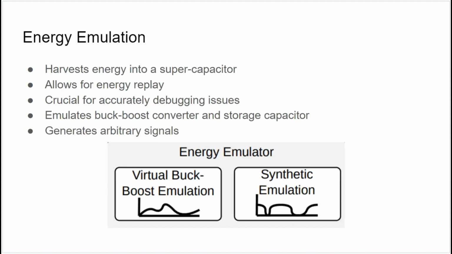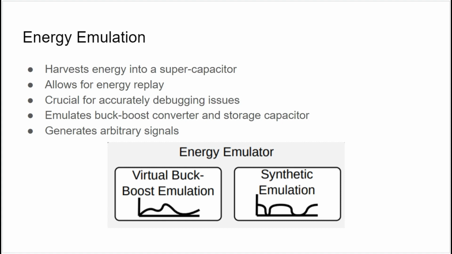So next up we have energy emulation. This essentially allows harvested energy into the supercapacitor, and the harvest determines when the voltage regulator powers on and off. This is a way of recording the amount of energy that's supposed to be put in. It also allows for energy replay, so you're able to replay previous energy absorption traces.